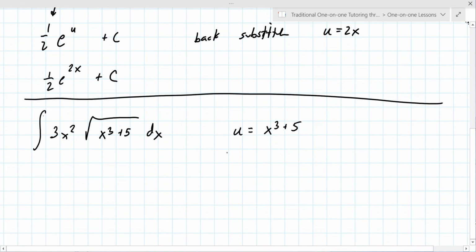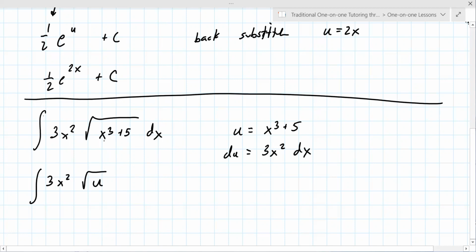Now a couple things. When you take your derivative, it should kind of be in there. It's a helpful thing. So then it's the integral of, well, I leave that in there. I would go 3x squared, square root of u, and you only substitute in for the stuff you know.